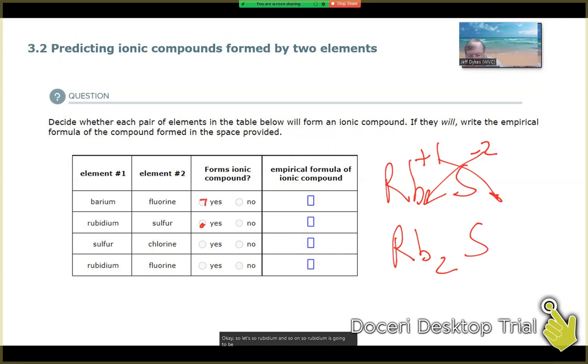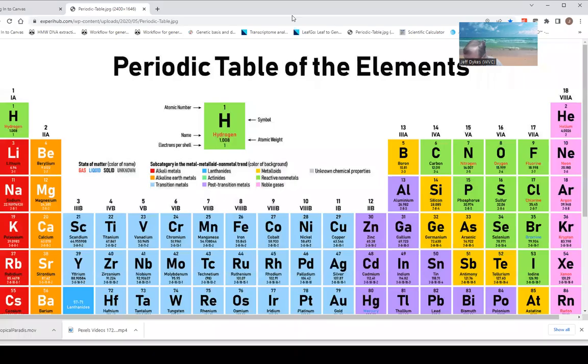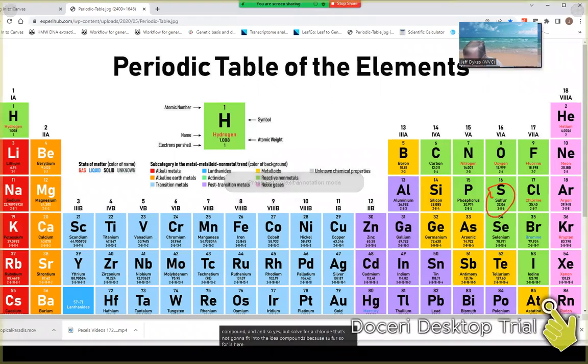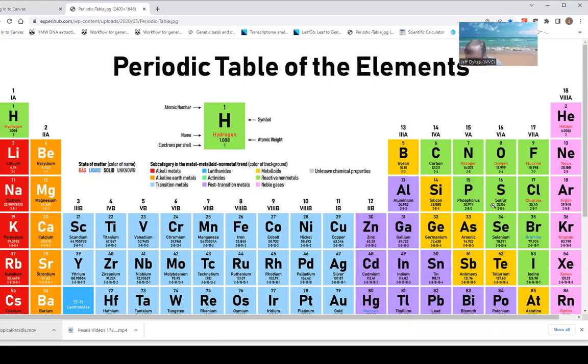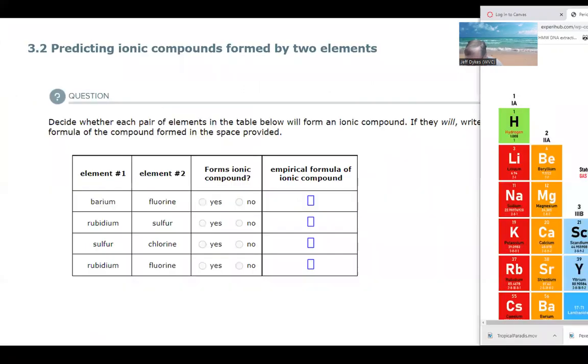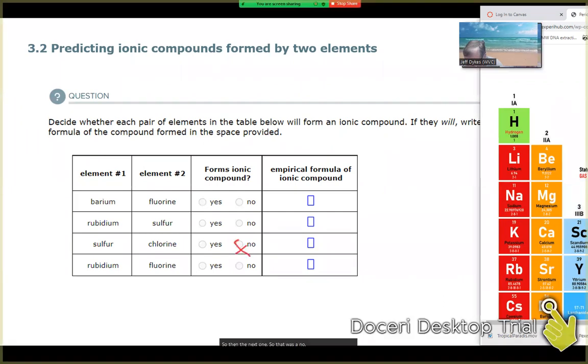But sulfur chloride, that's not going to fit into the ionic compounds because sulfur is here and chlorine is here. So they're both non-metals. That's a covalent compound. So that one we don't need to do anything further because it's not an ionic compound. So that was a no. And then rubidium fluorine.